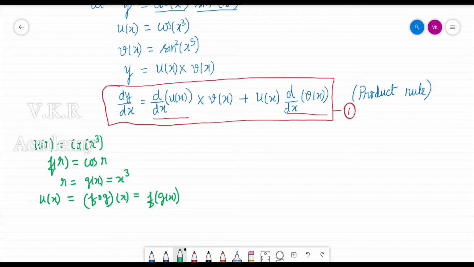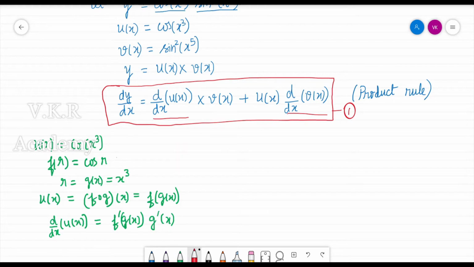So the derivative of u of x, d by dx of u of x, is going to be f dash of g of x into g dash of x. This we get by the chain rule.